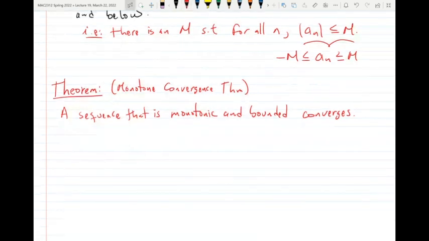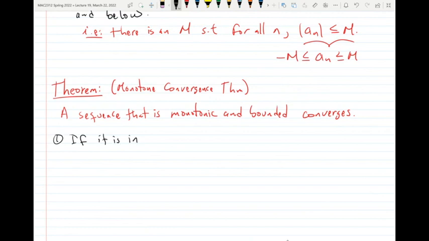So let me actually stress that. If it is increasing, and I'm just going to write increasing, but also non-decreasing, then it converges to its least upper bound.